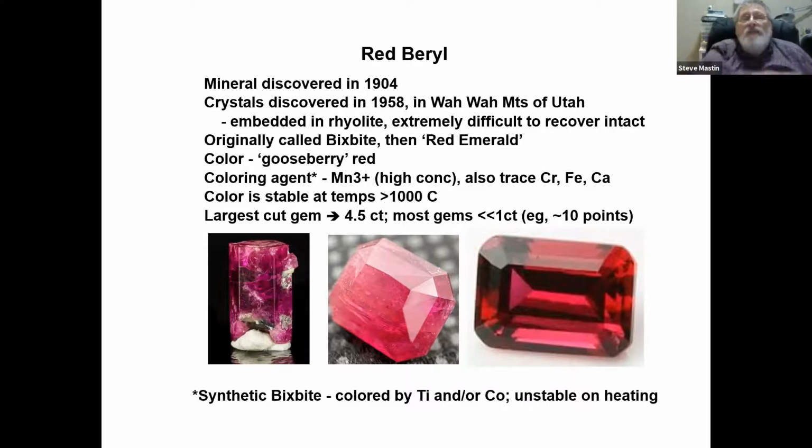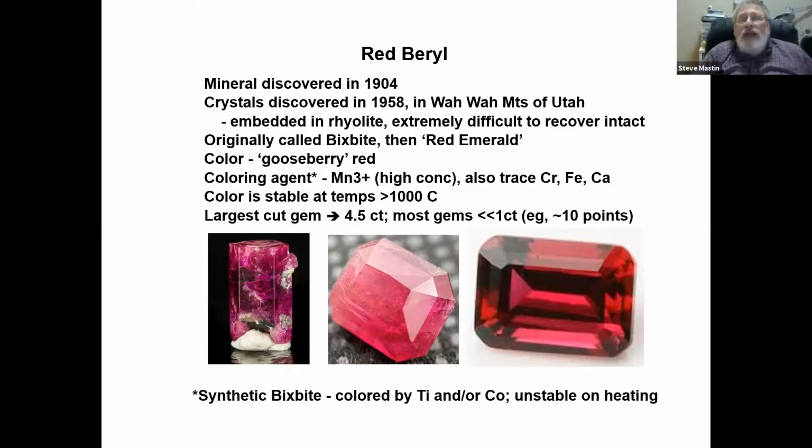And they finally found crystals over 50 years later in the Wawa Mountains of Utah. The problem is there's basically only one mine. It's owned by two brothers who hate each other. And so the production is extremely limited. And at this point, it's been discontinued.